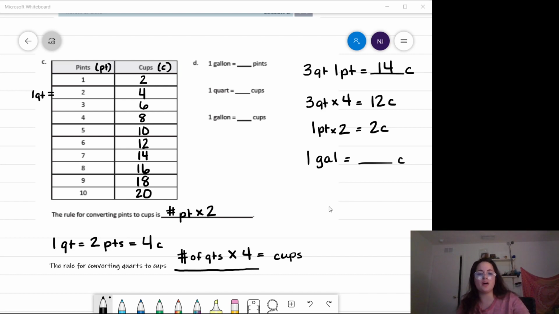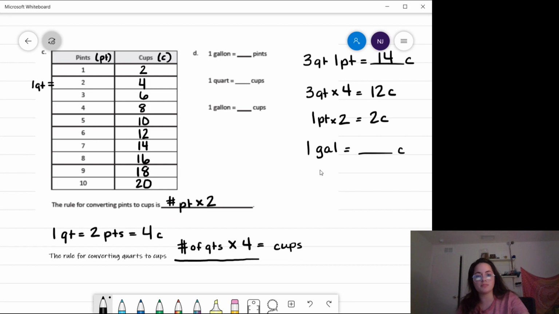All right, so we talked about how in 1 quart there are 4 cups. And if you rewound the video and went back to the previous table, we said that 4 quarts equals 1 gallon.